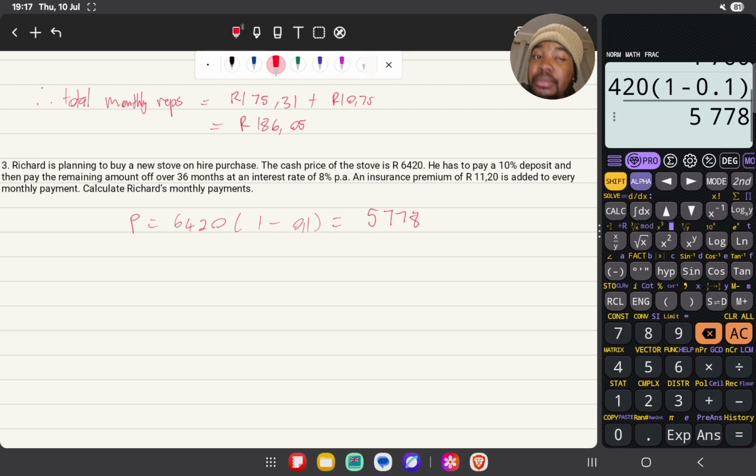Then what's the next step? The accumulated amount. But before that, you calculate 36 divided by 12, that is 3.